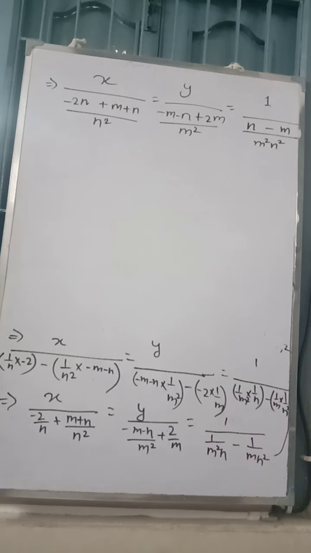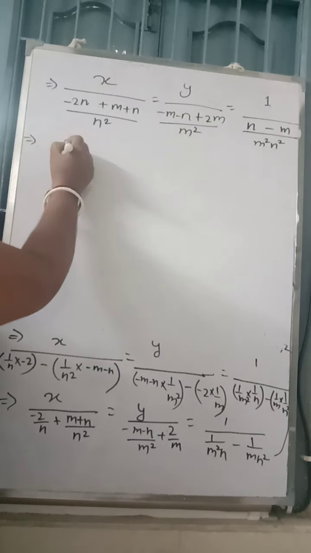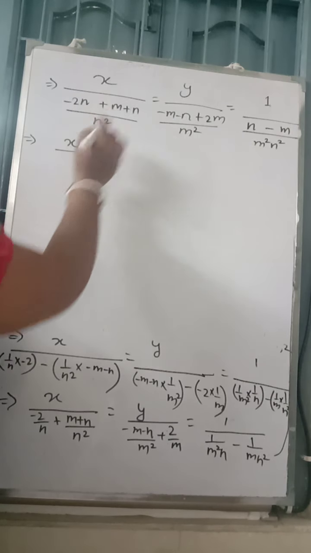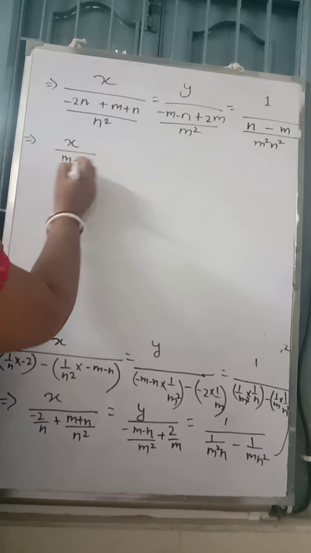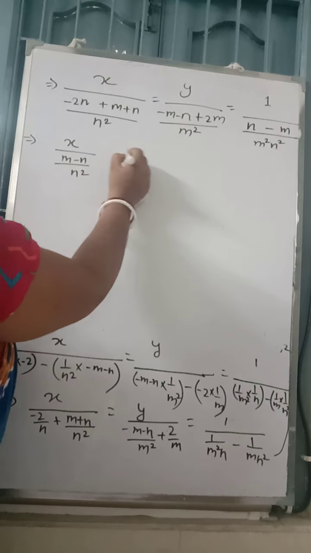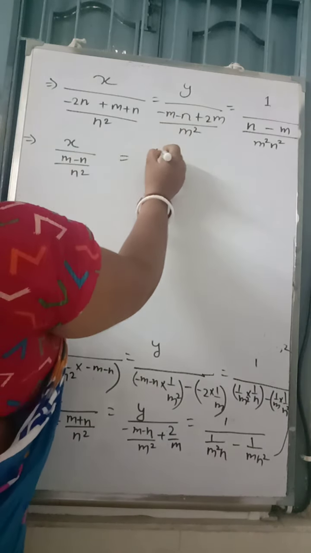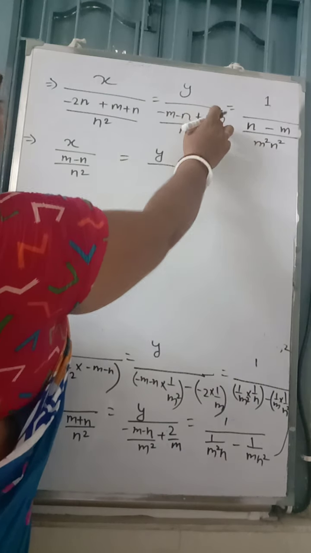Now you just see, if it is x by 2n, m plus n, so it will be x by minus 2n plus n. So I am left with m minus n by n square is equal to y by minus m plus 2m.